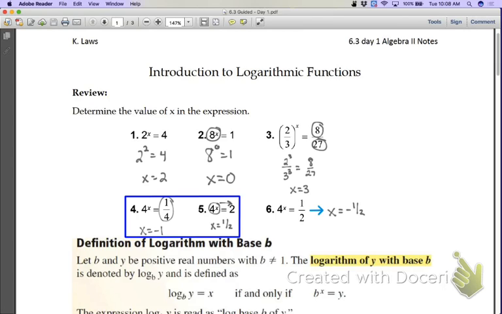Because if we make it 4 to the 1/2 power, we turn it into 2. If we do a negative from there, then we get it into a 1/2. So we have -1/2. Okay? It's just a mixture of 4 and 5 put together.